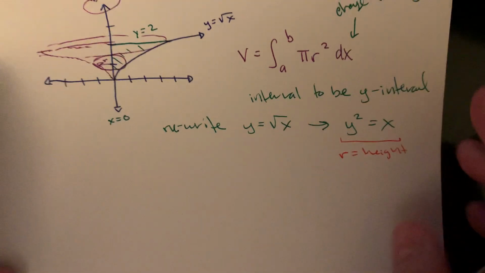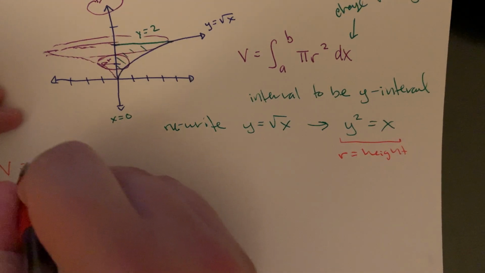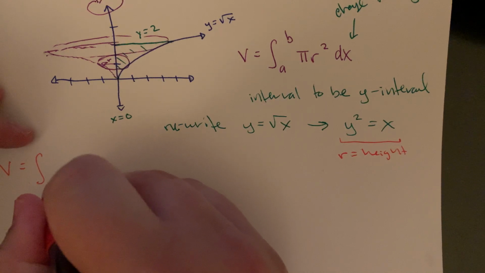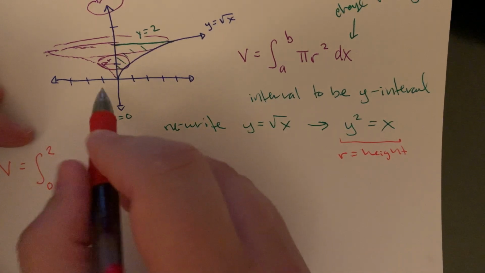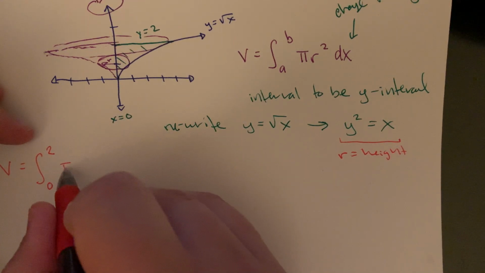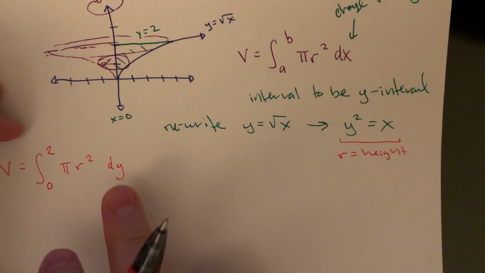So my setup as an integral: my volume is going to be, from y equals 0 to y equals 2, pi times radius squared, and then it's going to be dy.